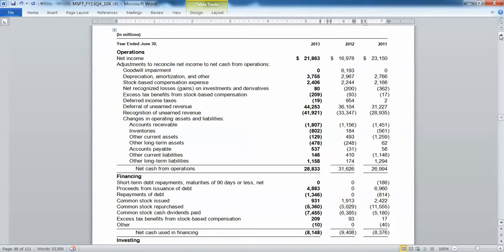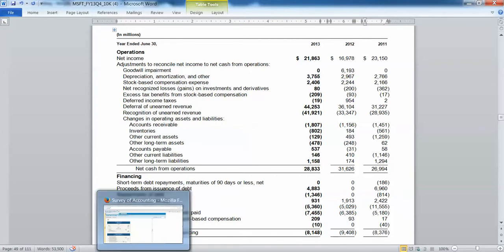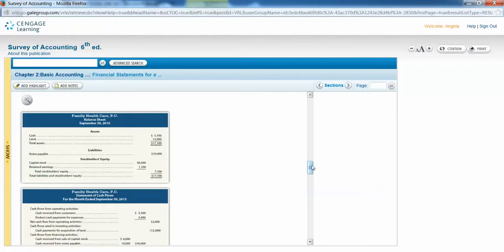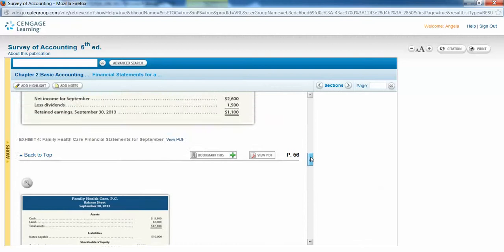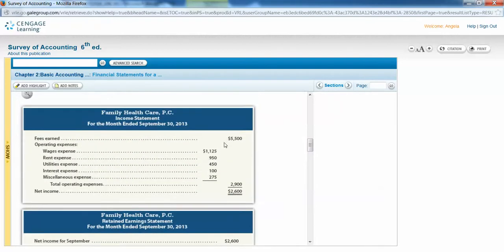And the last thing I wanted to talk to you about today is the use of different denominations. I'm going to flip back over to financial statements that are in your textbook. For Family Health Care, we have an income statement, and notice up in the title of the financial statement, there's no mention here of anything that says in thousands or in millions.